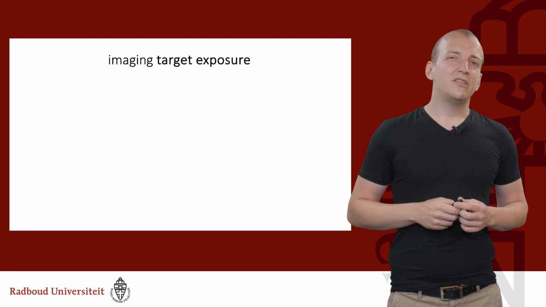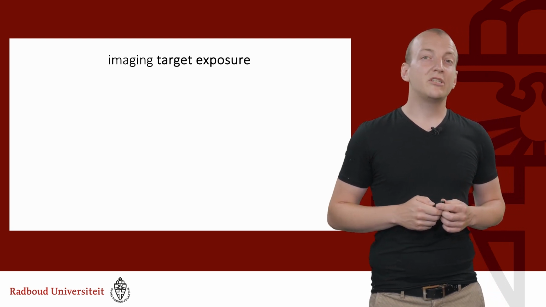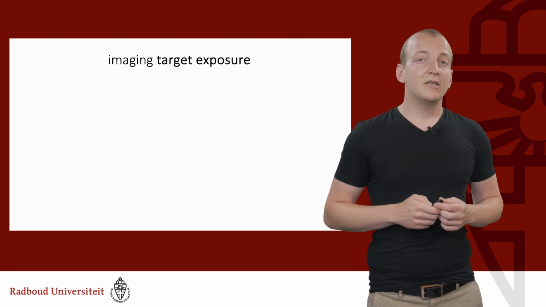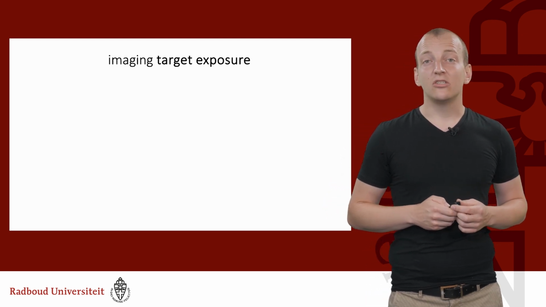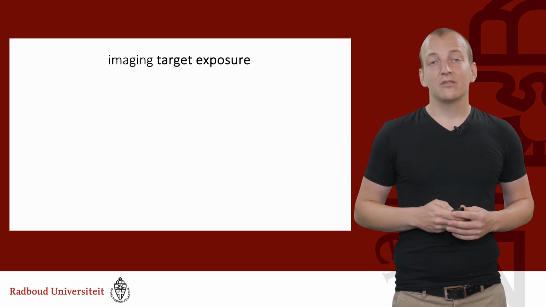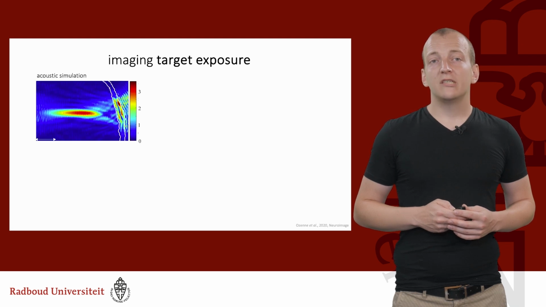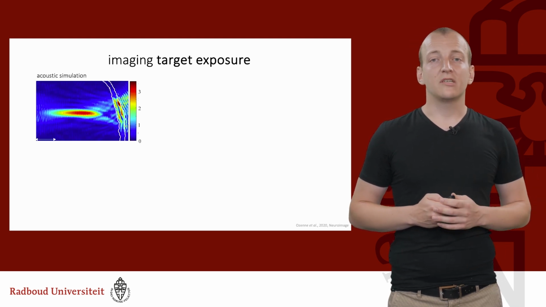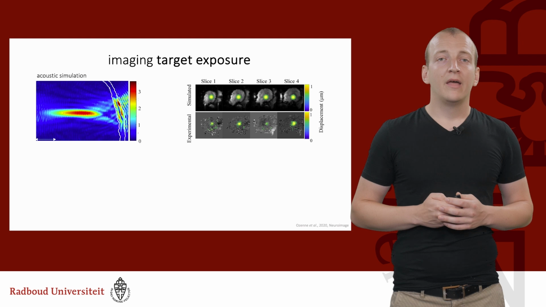So we've run these simulations, but these are still very much estimates. And it would be interesting to see if we can actually image how much energy is delivered. What we can do is we run these acoustic simulations. Here's an example from another study.